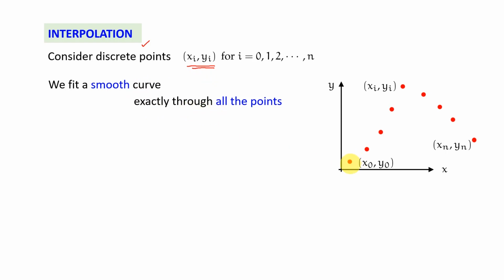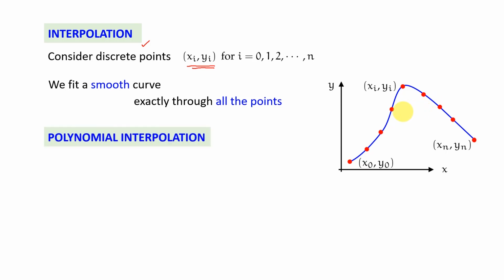Let's say these red dots are my points (xi, yi), and when I fit a curve like this blue curve, it should pass exactly through all the points. The equation of this curve could be anything, but in particular we look for polynomial interpolation, primarily because polynomials are differentiable up to any order.